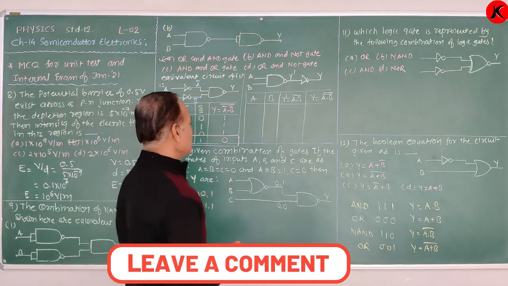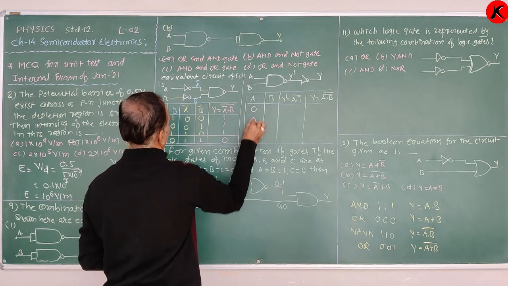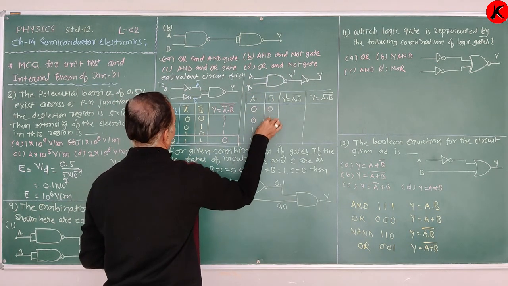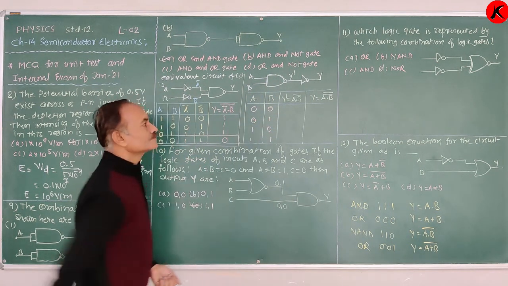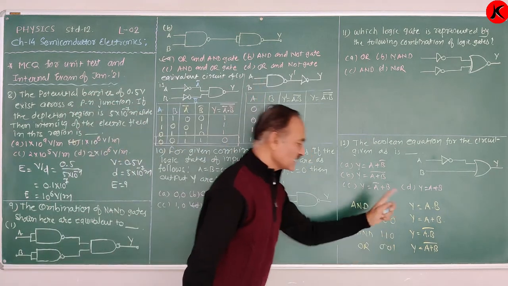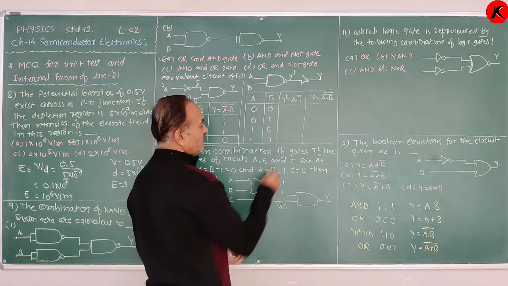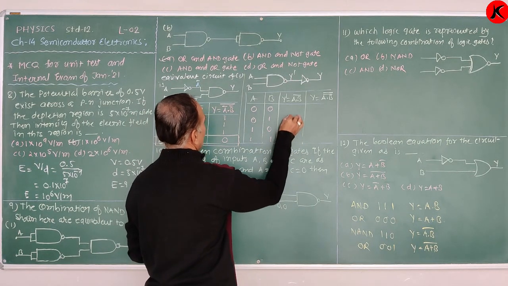So we take the combination 0 0 1 1, 0 1 0 1. What is the characteristic of a NAND gate? If both inputs are 1, the output is 0, otherwise 1.